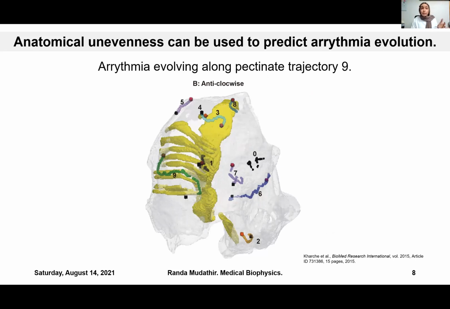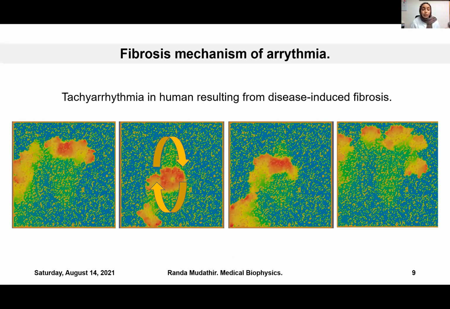In previous studies and simulations, it's been observed that in the junctions between the pectinate muscle and the atrial wall, there happens to be a breakup of the wave propagation. So again, including those in our models is incredibly important for us to properly model arrhythmias and better understand them.